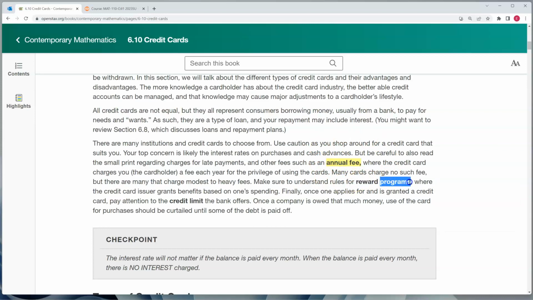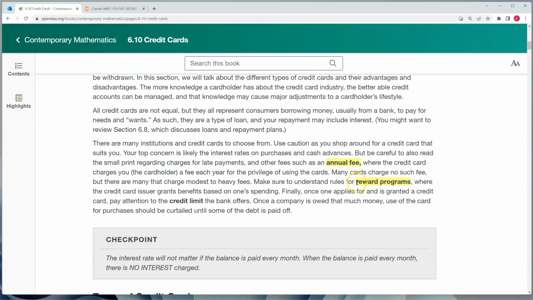There are cards that have rewards programs. One example that I am familiar with is the Amazon rewards program. You get up to 5% back in Amazon points that you can use to purchase things from Amazon. There's also a Sam's Club credit card that gives you a percent back in cash that you can use at Sam's Club to make purchases.